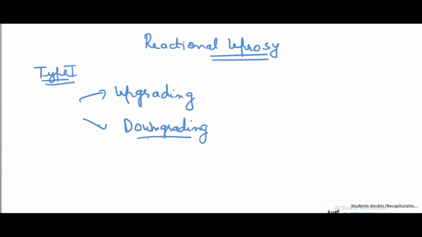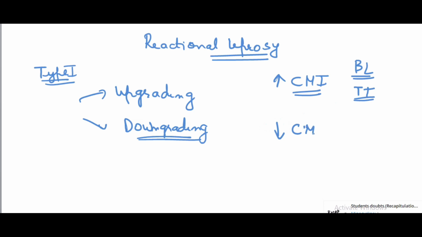In upgrading, there is increased cell mediated immunity that occurs in borderline lepromatous leprosy, with the patient shifting toward the tuberculoid type. In a downgrading reaction, there is lower cellular immunity and it is seen in borderline tuberculoid type, with the patient shifting toward the lepromatous type.